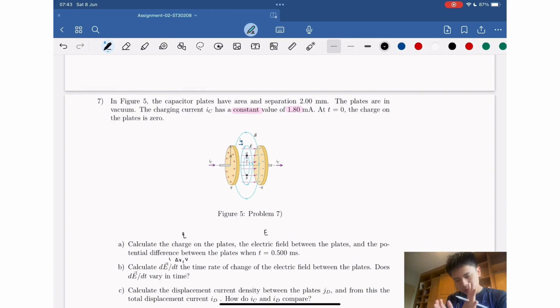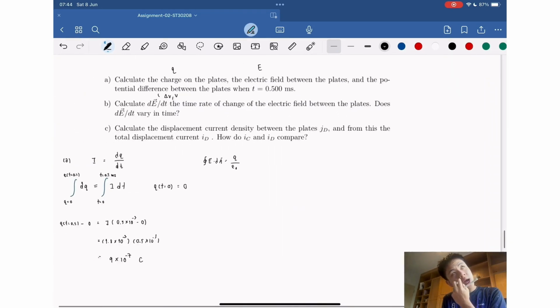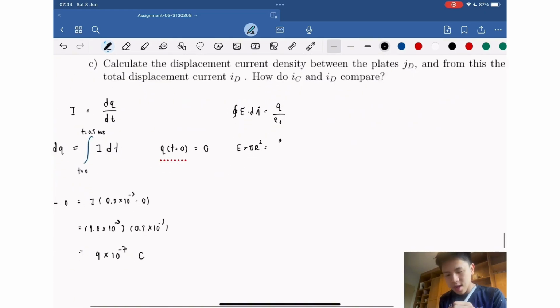But we know the radius, so I think we can calculate E times pi r square equal to Q over epsilon 0, and Q we get 9 times 10 to the power of negative 7 over 8.85 times 10 to the power of negative 12.